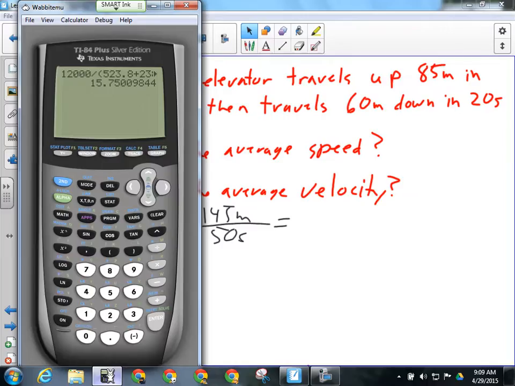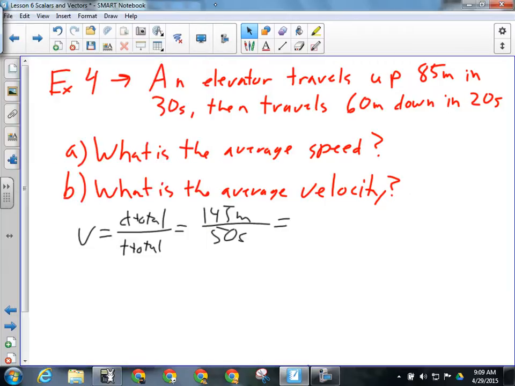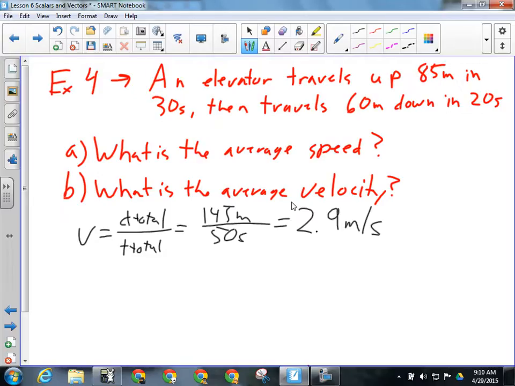So we'll have our 145 divided by 50. We're looking at 2.9 what? Meters per second. Do I need a direction on that? No. So that was part A.